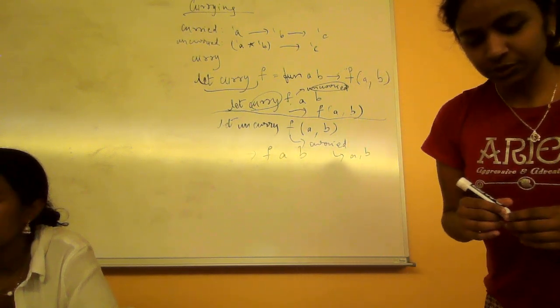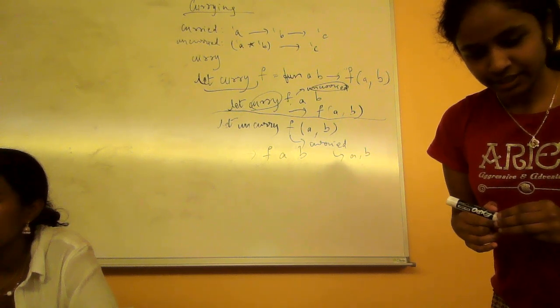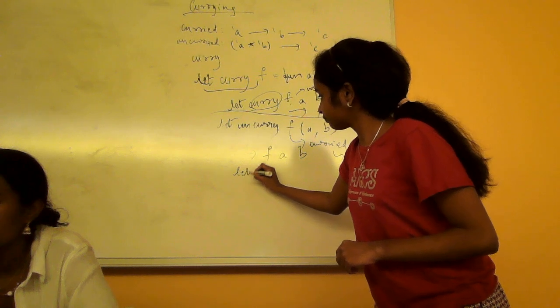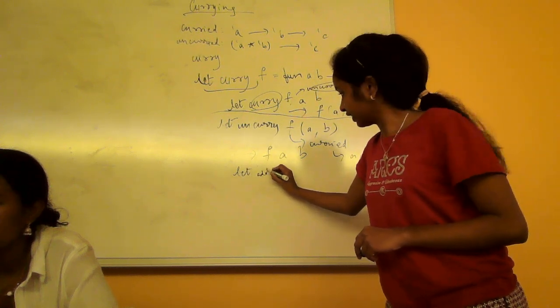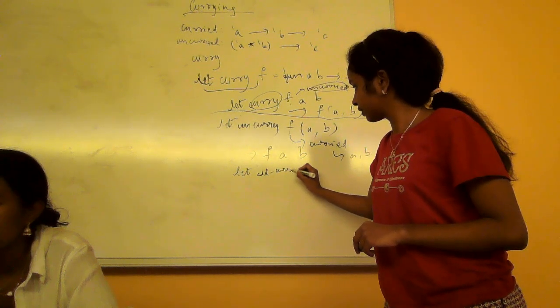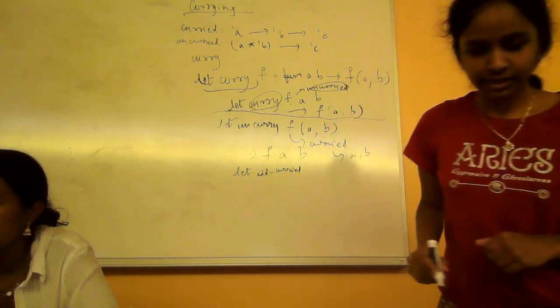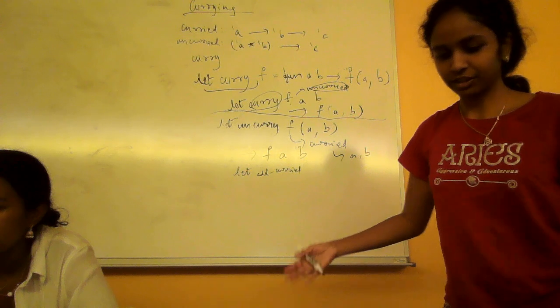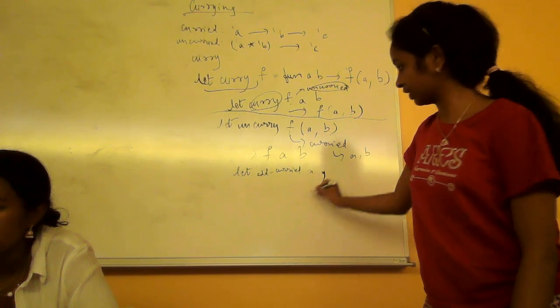So just to illustrate, let's take an example. Let's assume add curried is, since there's curry in the name, a curried function. It's taking both the arguments separately.